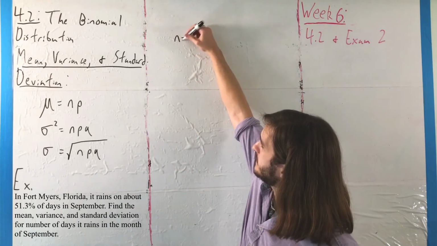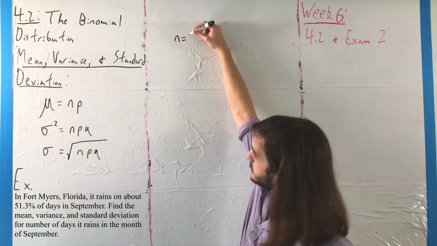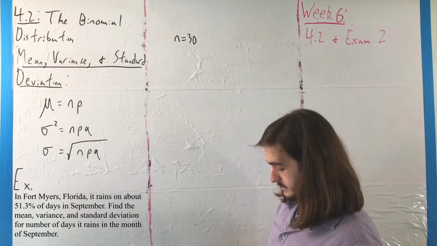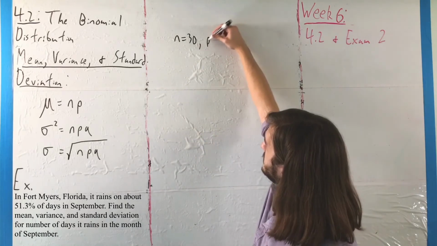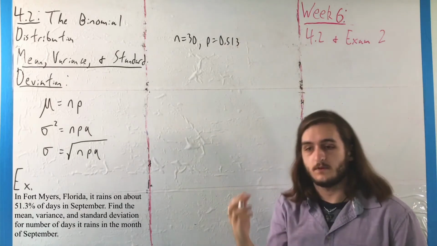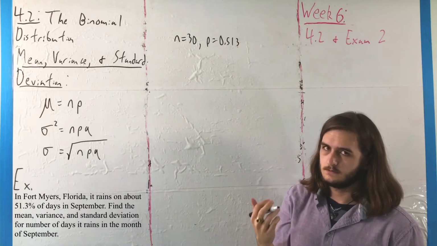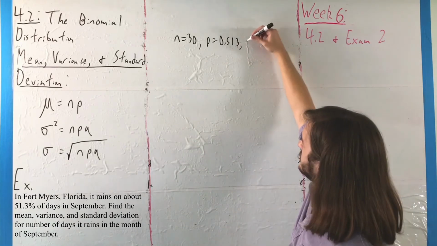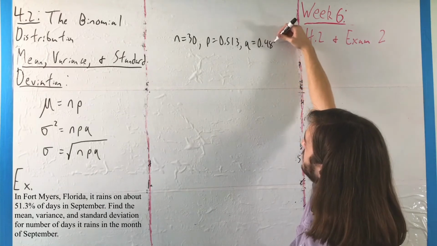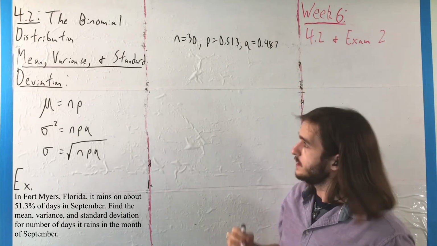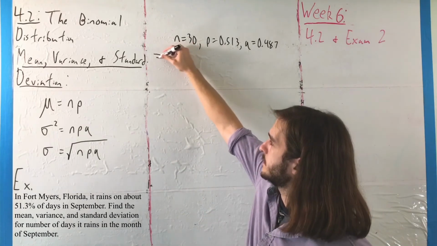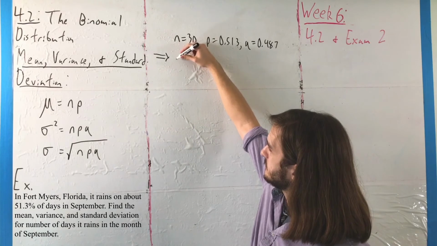Here, we have n equal to 30, because there are 30 days in September. p is equal to 0.513, because we say there is a 51.3% chance of rain in September. And as a result, q would have to be 0.487.